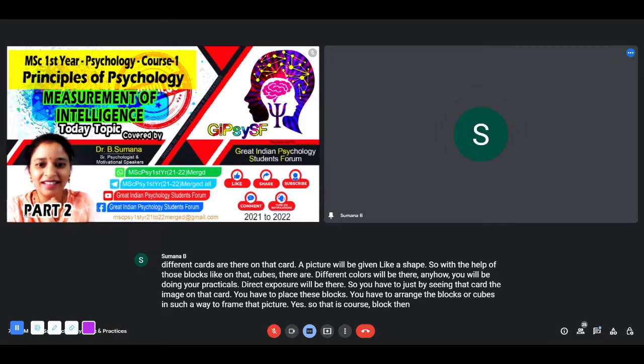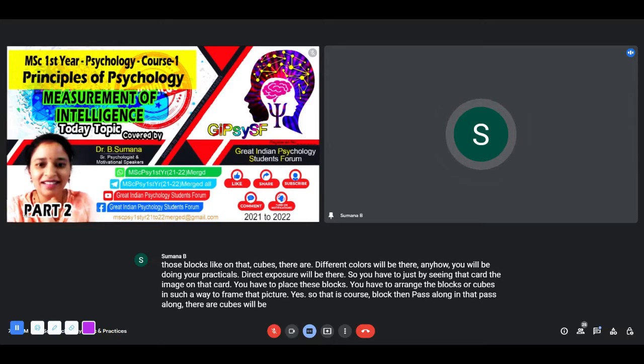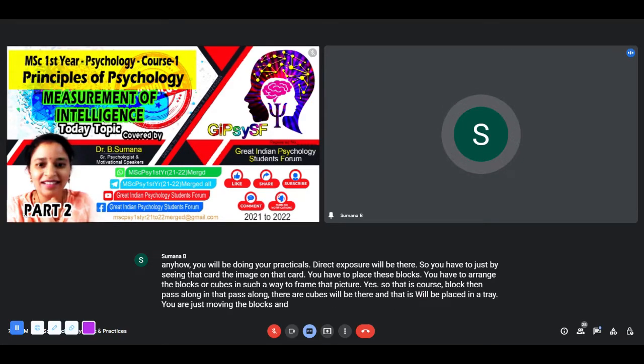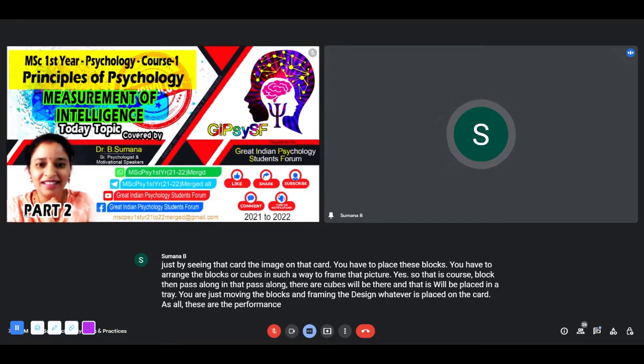Then pass along. In pass along, there are cubes placed in a tray. You are moving the blocks and framing the design, whatever is placed on the card. All these are performance tests.